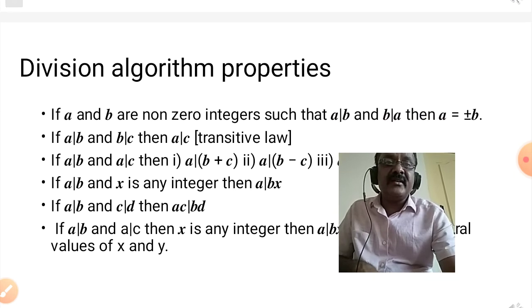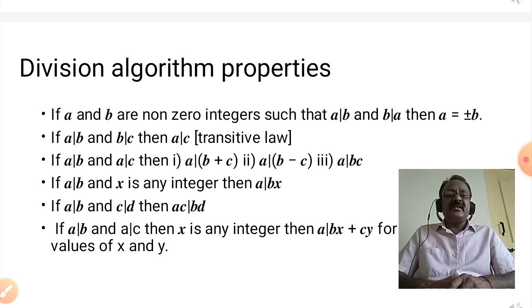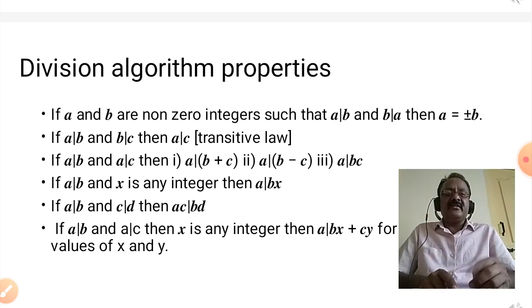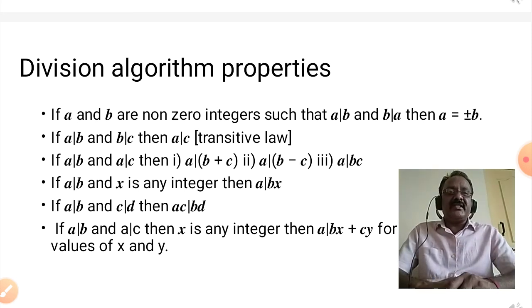And the division algorithm has some properties. We can take up the proof of these division algorithm properties in the next session. Just I would like to inform you of these properties. If a and b are non-zero integers such that a divides b and b divides a, then a is equal to plus or minus b.